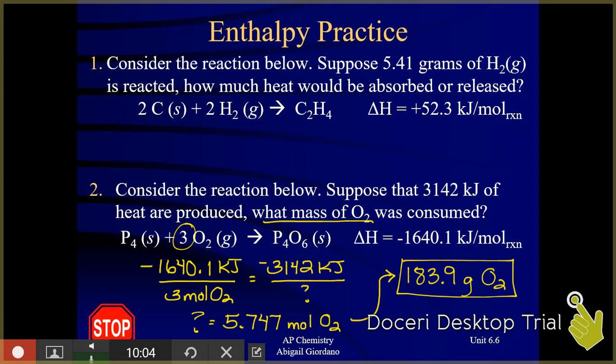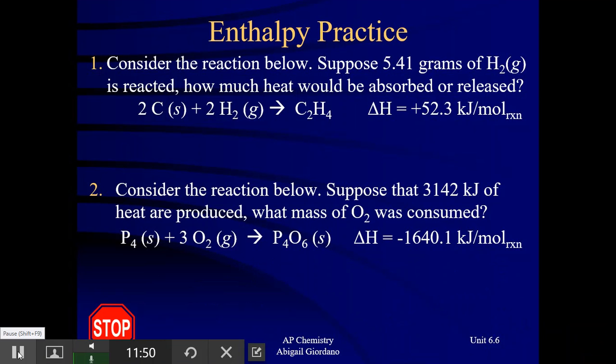Now the question asked us for mass, so all I did, I just didn't show my work, is going from moles of O2, I multiplied times the molar mass of O2, which is 32, and that gives me my final answer of 183.9 grams of oxygen. So same process, I just had the denominator to solve for instead of the numerator like up in number 1.